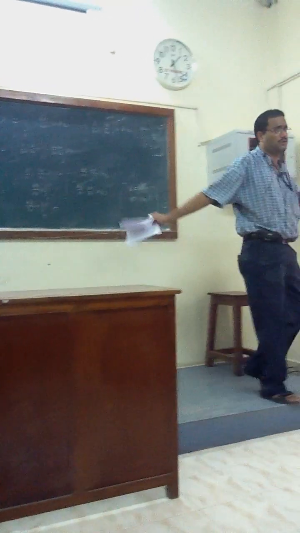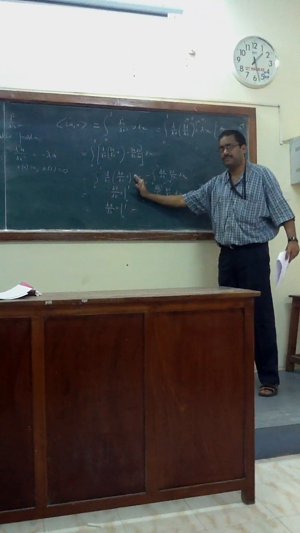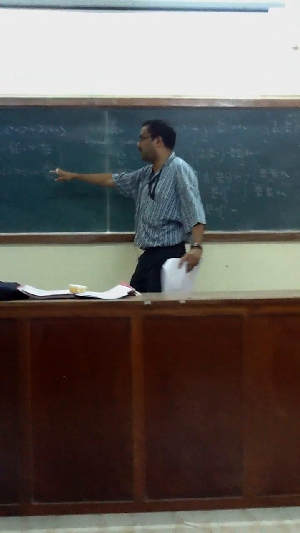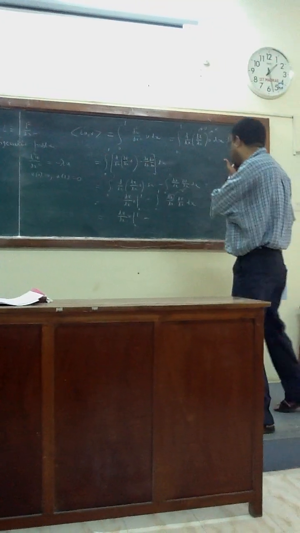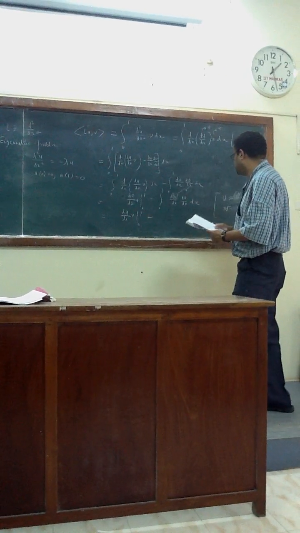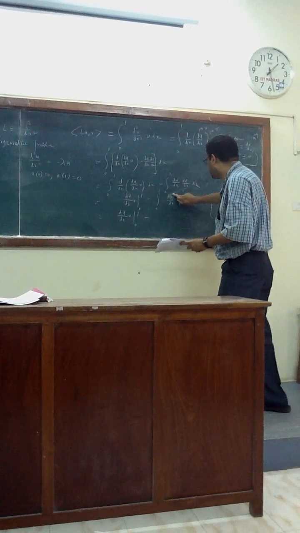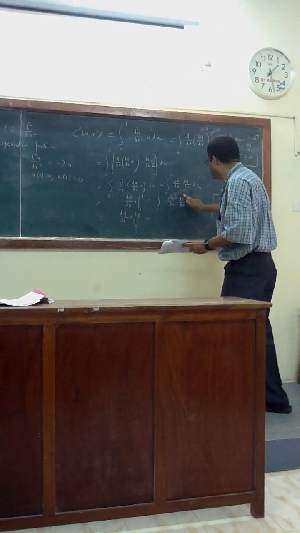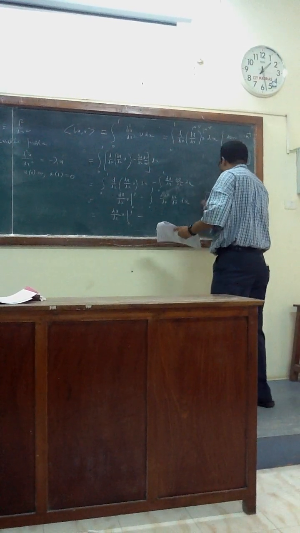Remember that you have to use this formula, the b du/dx kind of formula. Basically this should be your b term, and this is already there, the u term.